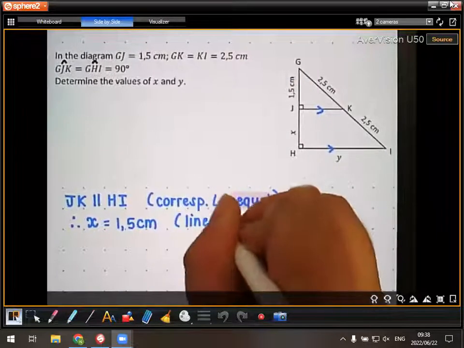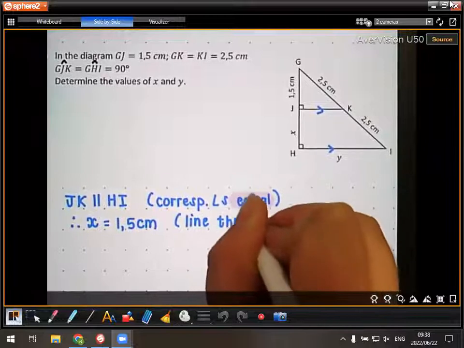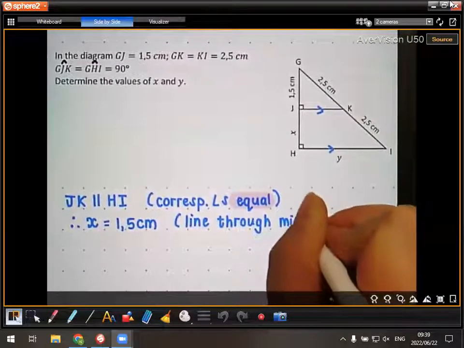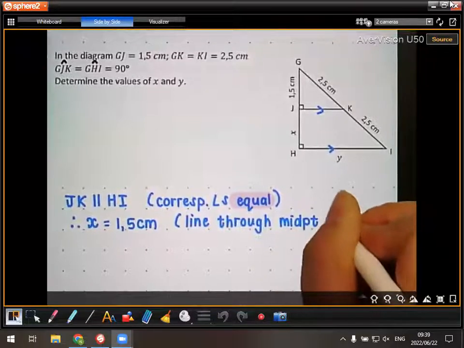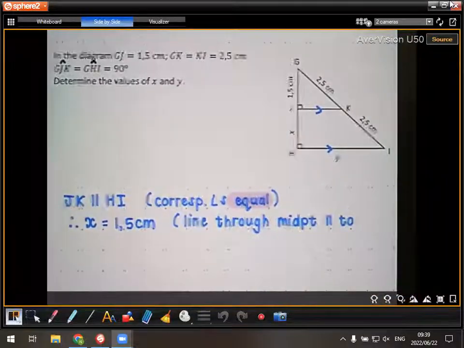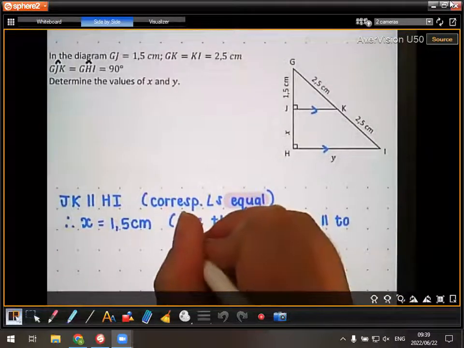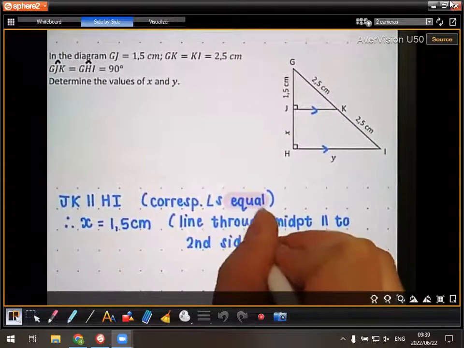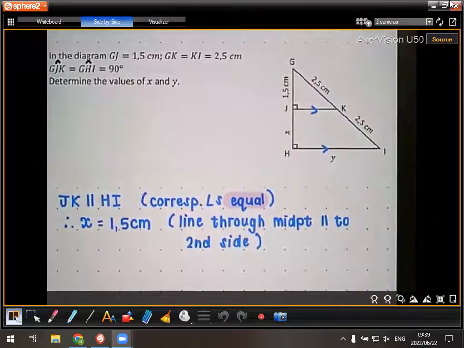Line through midpoint parallel to different side. Okay, so we found X.